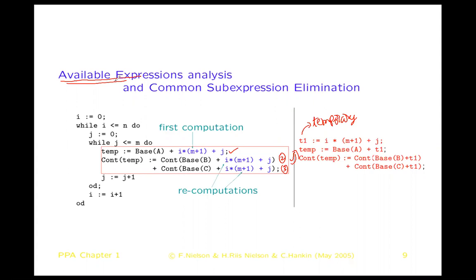And then once we identify these available expressions, we do a transformation pass called common subexpression elimination. So there is an analysis pass and a transformation pass. The analysis pass finds redundant computations and the transformation pass eliminates them.